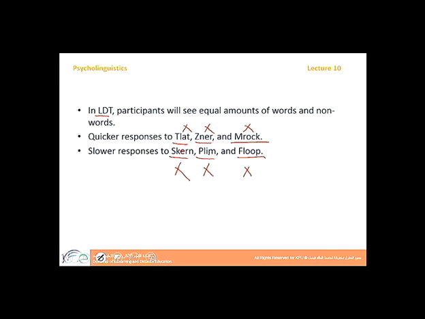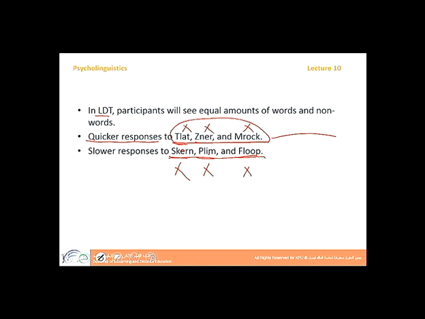But the interesting thing is that we have quicker responses to these words than these words. So quicker here. It's very fast. When you show these words to the participants, they say, no, these are not words, straight away. But with these words, participants take longer.